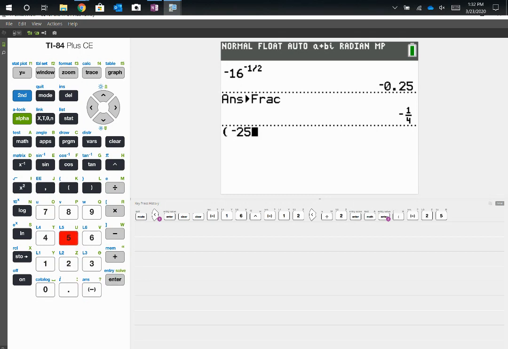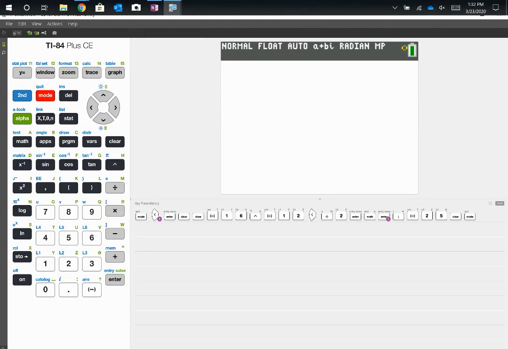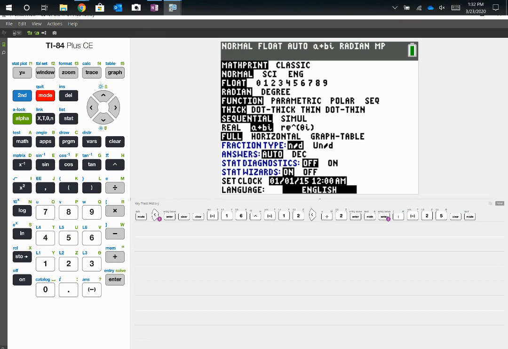Negative 25. I want to take this out of the complex mode for a minute. Hold on 1 second here. Then clear this.